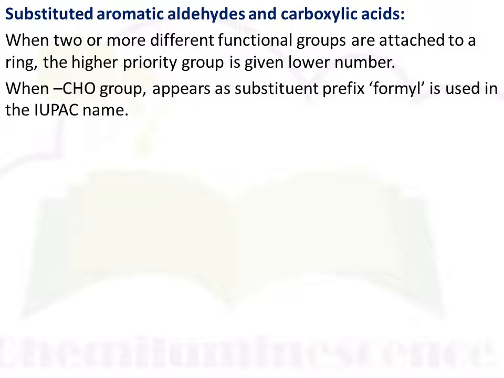When the CHO group, that is the functional group of aldehyde, which is called the formyl group, appears as a substituent, that means if two or more functional groups are present and this CHO group has the lowest priority, at that time use the prefix formyl in the IUPAC name.